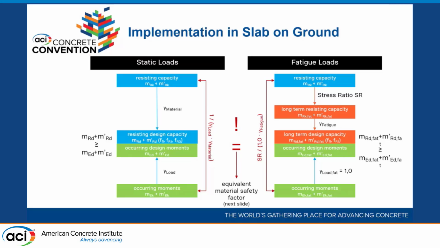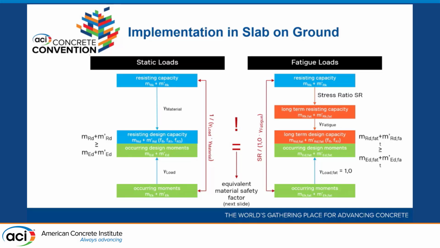Similar thing for fatigue loads. We have the loads and the load factors going into design moments. We start with the resisting capacity, and we can reduce it by the stress ratio that's in the research. Then we also have a fatigue factor, and we come to a long-term design capacity considering the stress ratio and the fatigue.